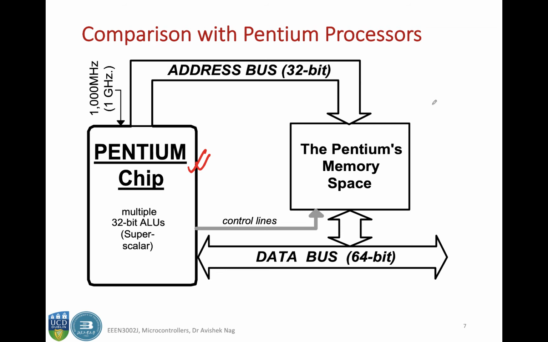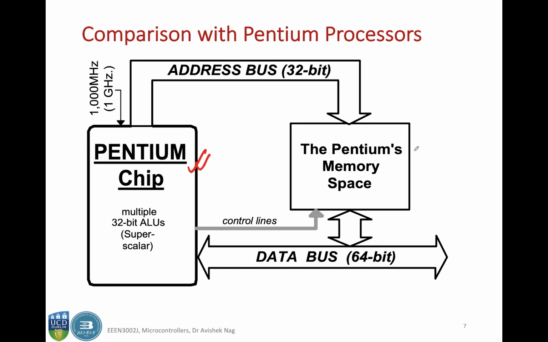So let's compare the Pentium processors with the current microcontroller that you are studying. Okay, the idea is to just compare the 8051, which is a very basic mini computer, with some of the latest chips that we have.